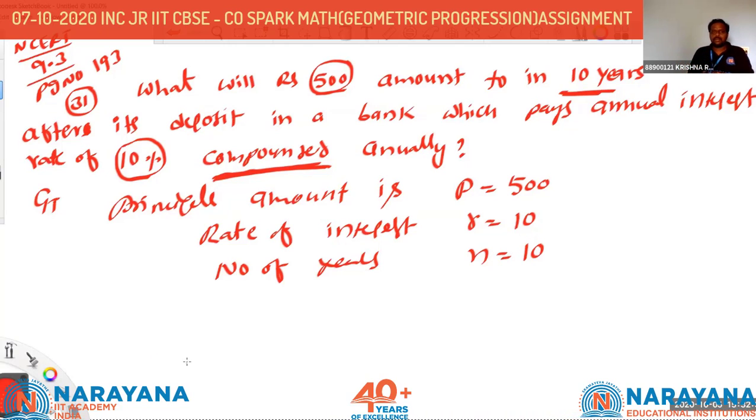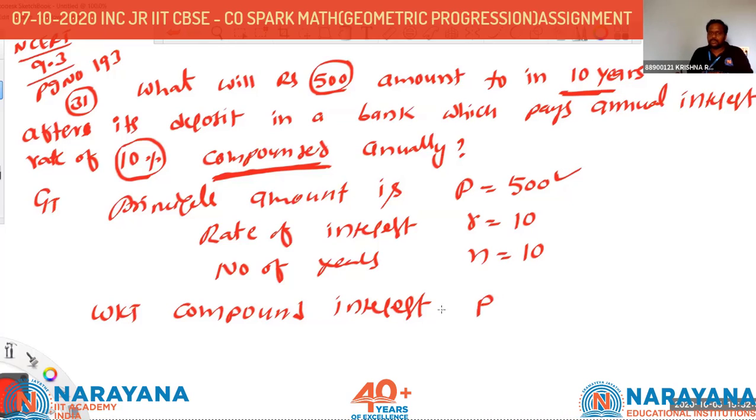Starting at time 0, what is the amount? 500. We know the compound interest formula: P into 1 plus R by 100 whole power n. Starting at 0 year, the initial amount is 500.